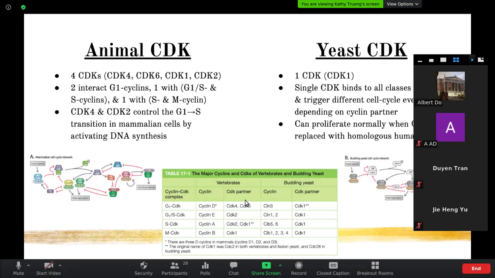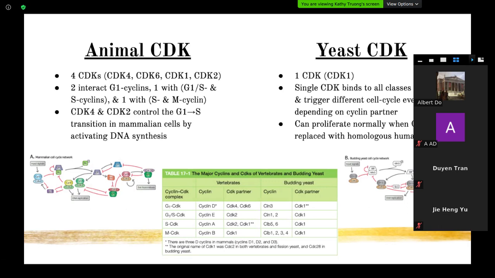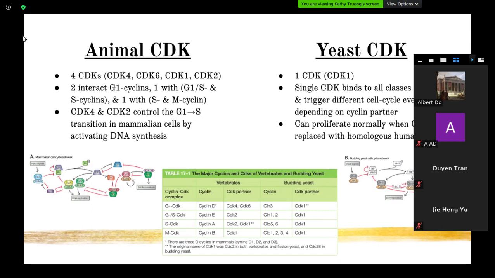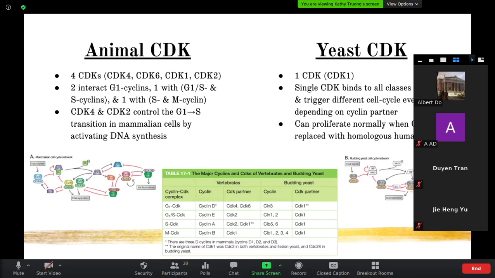I also had another quick question. If you restrict CDK4 or CDK2 or both of them, what would really happen to the cell cycle, especially the G1 to S phase, and how would that affect DNA synthesis? Okay, so for your first question, if CDK4 and 2 were mutated, I'm assuming?